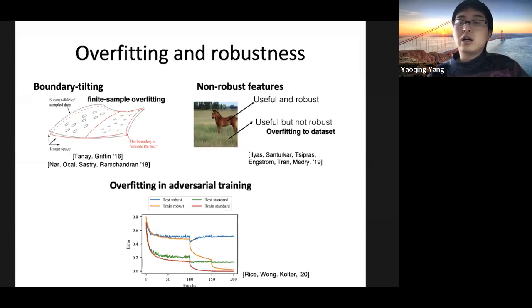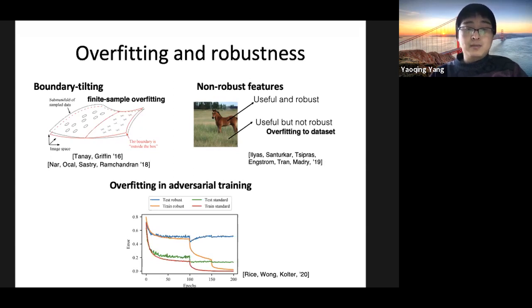Another recent paper says that overfitting issues are very common in so-called adversarial training. Adversarial training is the scheme where you explicitly include the adversarial examples in the training process. That is shown to be one of the best adversarial defense schemes.